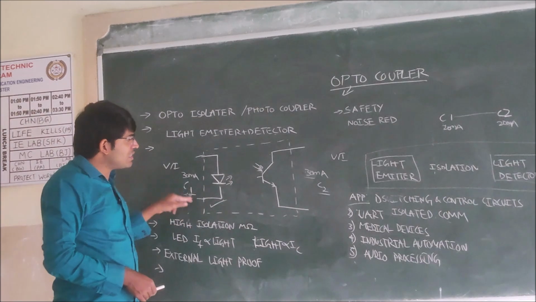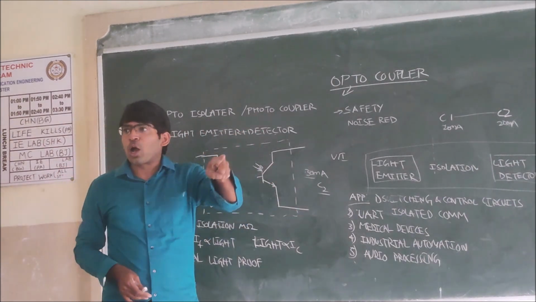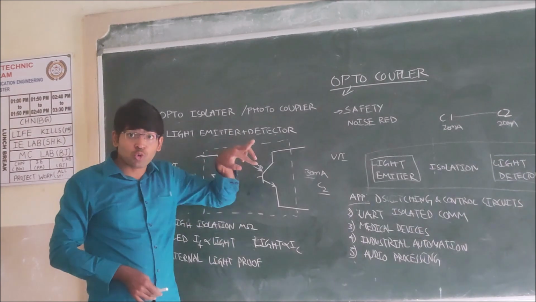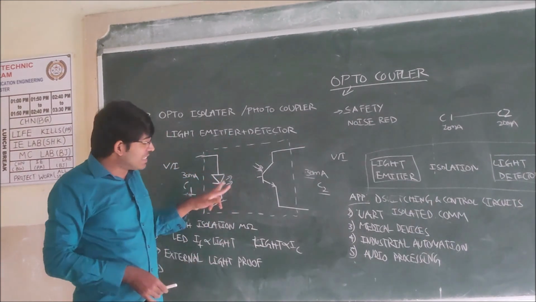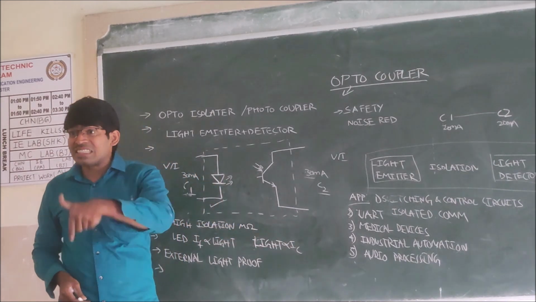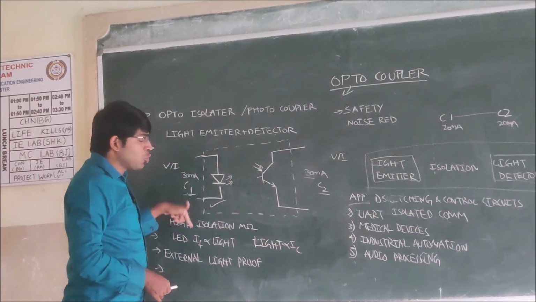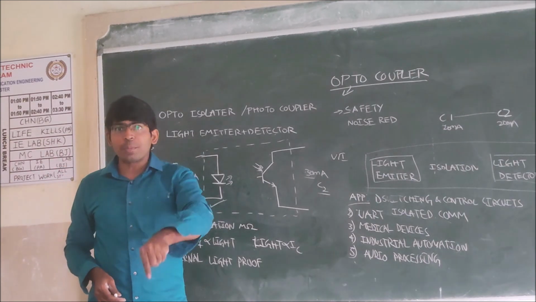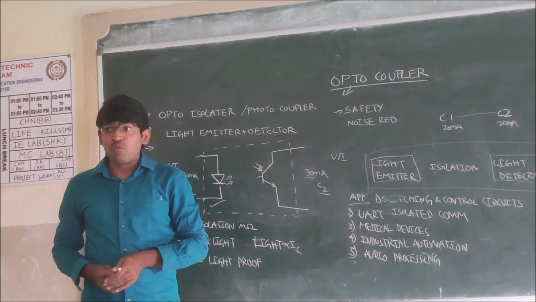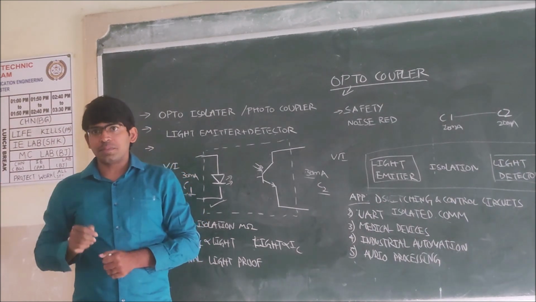This device is called an optocoupler because it has two devices. This light emitter and the light detector are coupled in such a way that they are able to receive the electrical input from circuit 1 and give it to circuit 2 without any electrical connection.